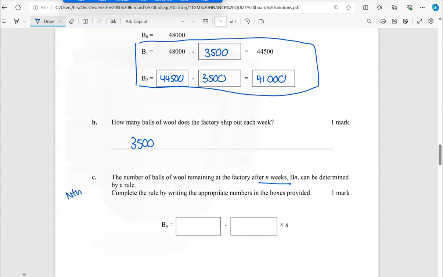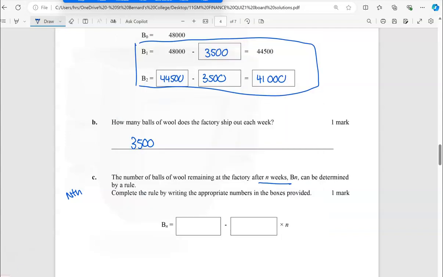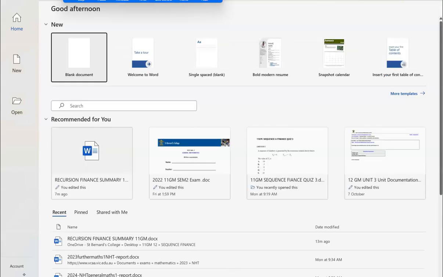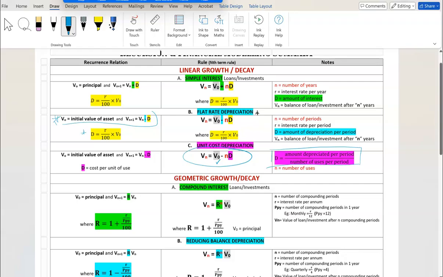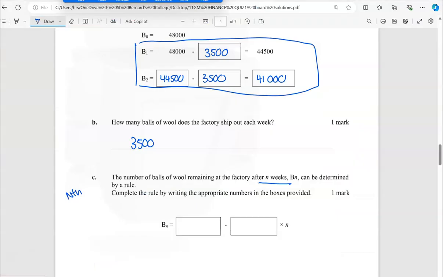So if you go to your formula sheet, here. So if you go there, you can see it's minusing. It's like a flat rate, isn't it? So you want an nth term to look like that. So we'll go back, you've got Vn.